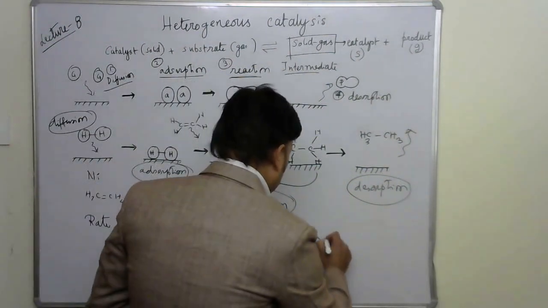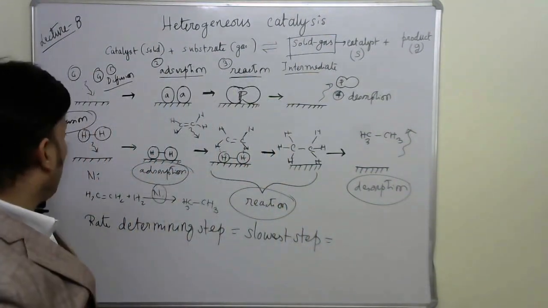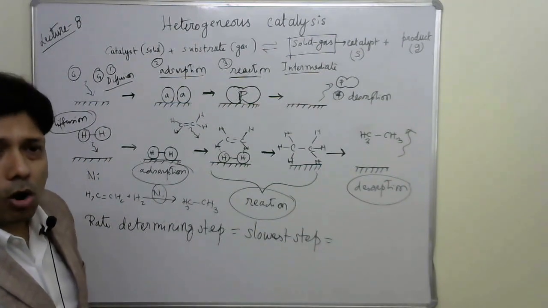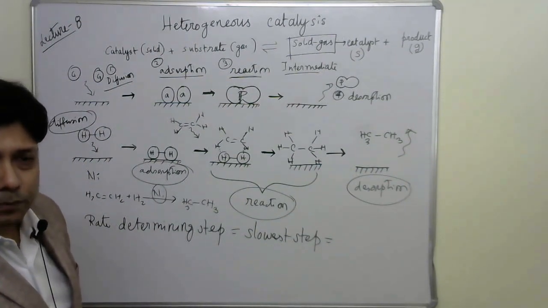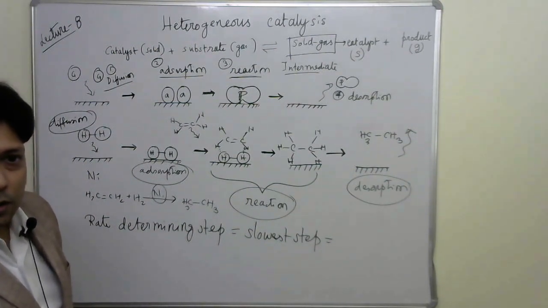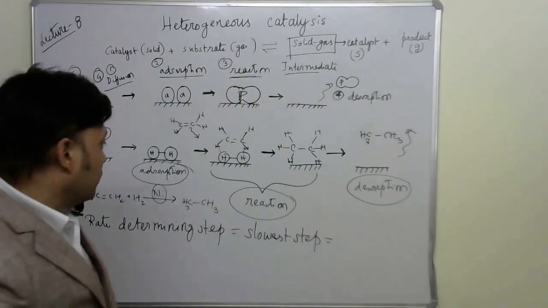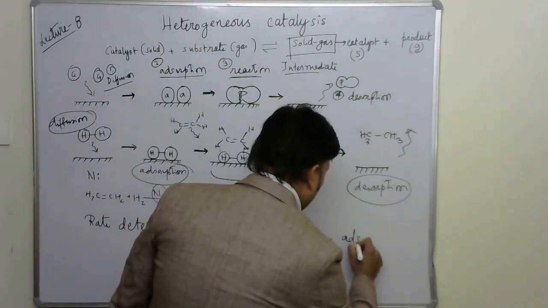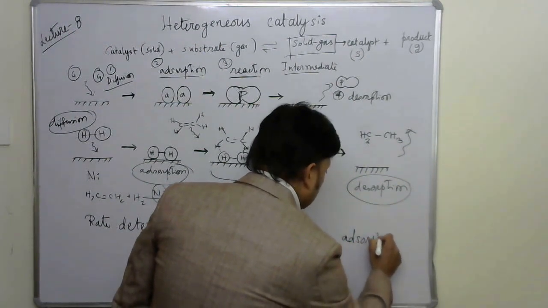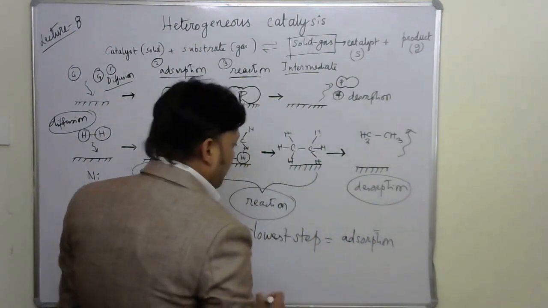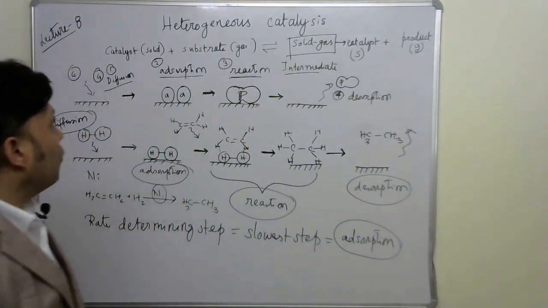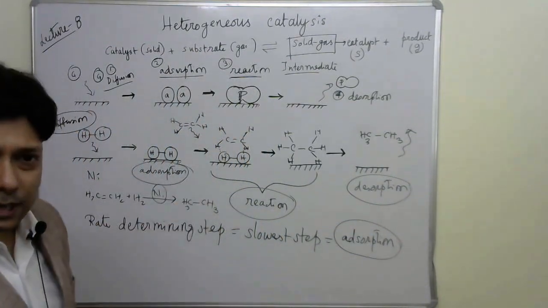So the question is, out of diffusion, adsorption, reaction and desorption, which is the slowest step, becoming the rate determining step? Well, the answer is, it is the adsorption process that is the slowest step, and that becomes the rate determining step for the entire heterogeneous catalysis.